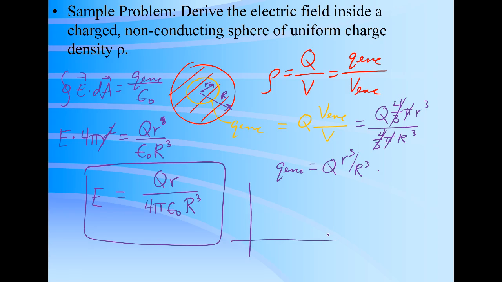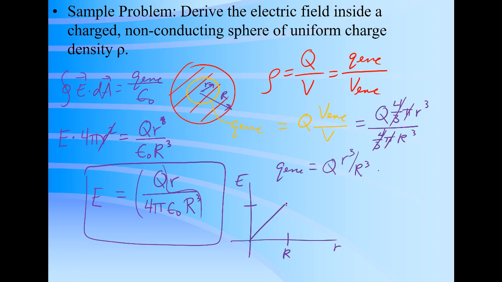So if we graph this, we notice that up until little r equal to big R, we have a linear relationship. If I pull out all those constants, whoops, I hit the wrong button. We pull out all those constants, it's just linear, okay?